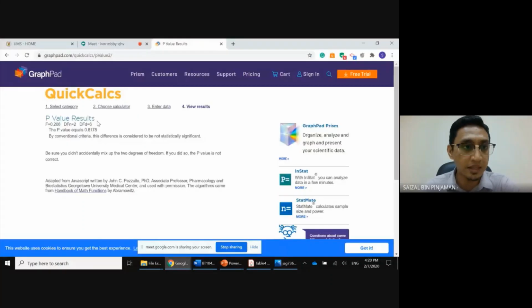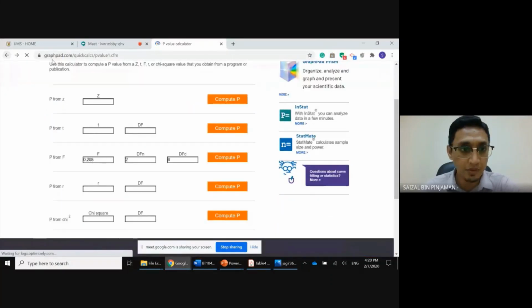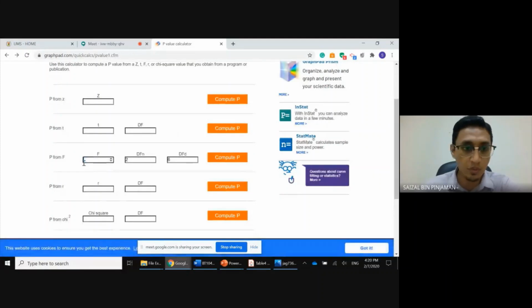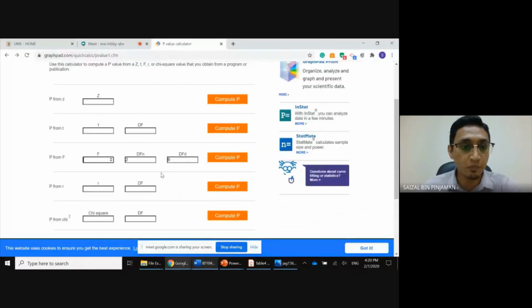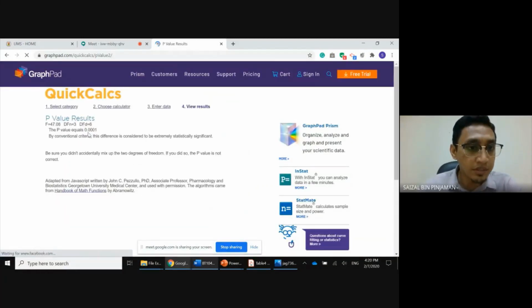We plug in that information. The F statistic for fertilizer is higher than the F statistic for acidity level, 47.08. The degrees of freedom for fertilizer is equal to 3, and the degrees of freedom for the error is equal to 6. So we maintain these values and compute.